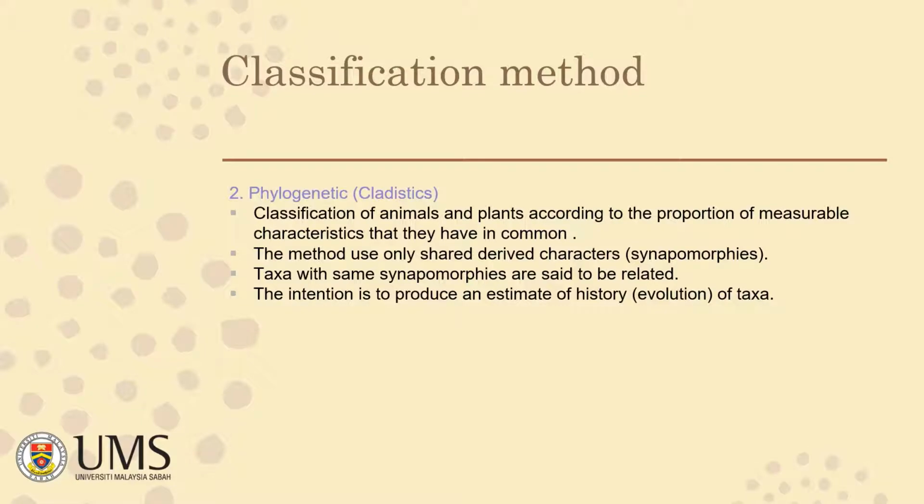Taxa with the same synapomorphy belong together. The intention of phylogenetics or cladistics is to produce an estimate of the evolution of the taxa. So we can estimate the evolution of organisms if we classify them using the phylogenetic or cladistic method.